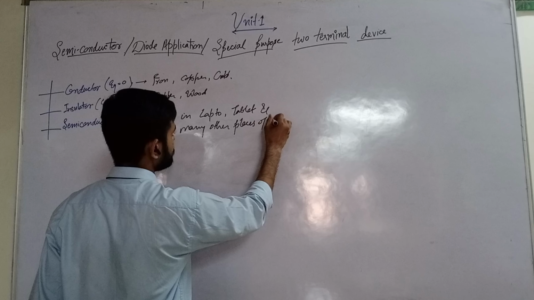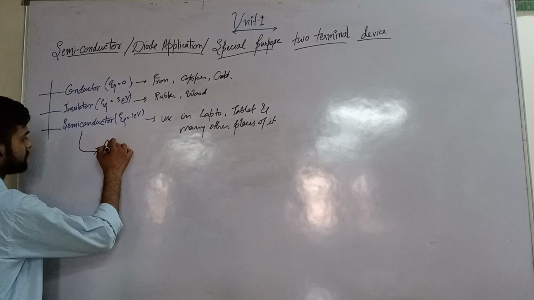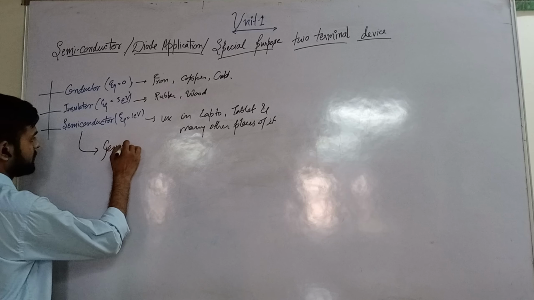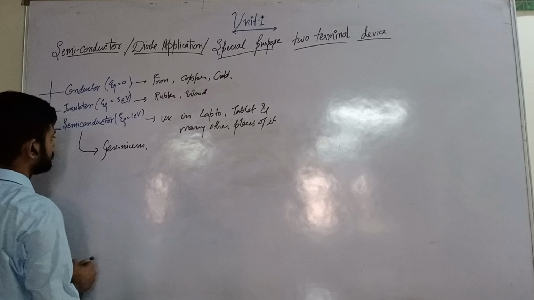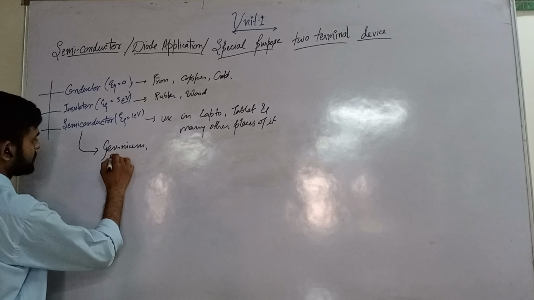Semiconductors are basically germanium and silicon. These two are the most important. Germanium and silicon are semiconductors.